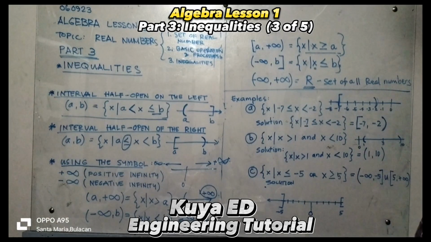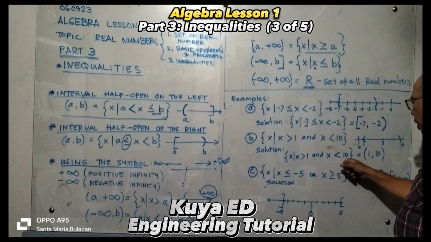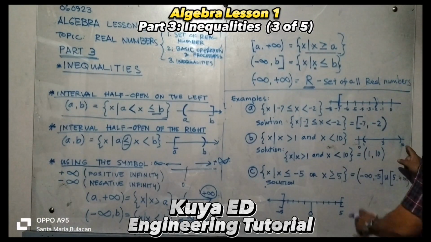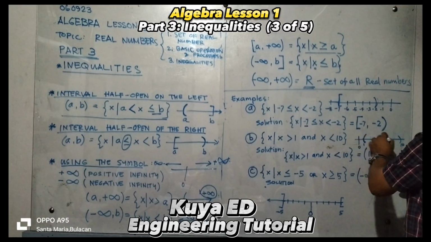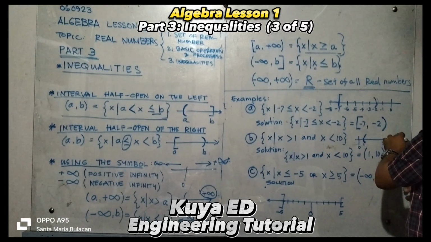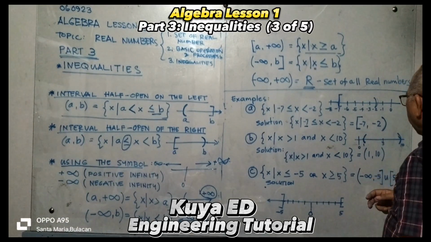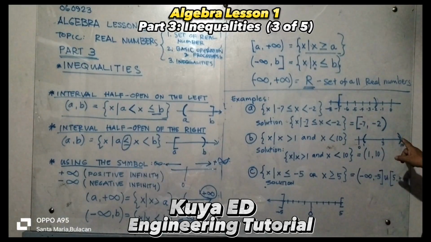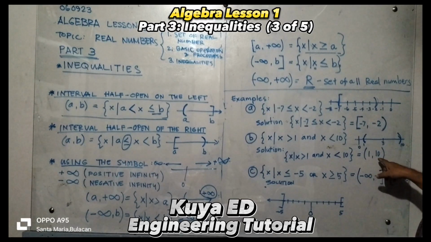So lumalabas ngayon na this is our figure 1 and 10. Kaya i-plot natin. But we will put here a parenthesis showing that it is strictly what we call inequalities. And it happened at 1 and 10.